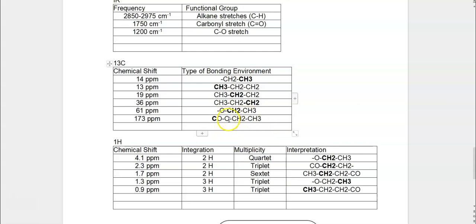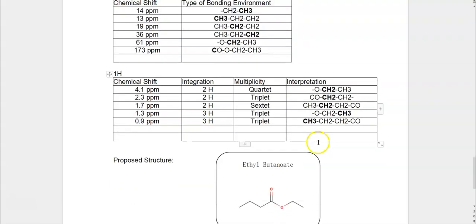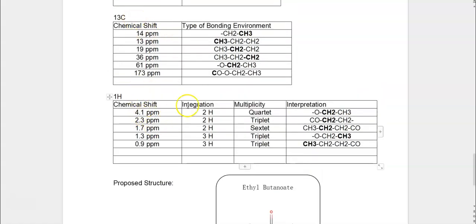So one single bond gives it a high ppm, which is more downfield. Then you have a CH2 in the 1H NMR, which is right next to the oxygen, which appears more downfield, like in the 13C NMR.